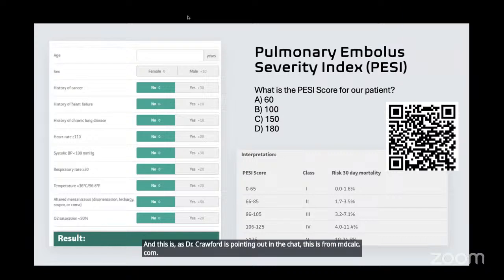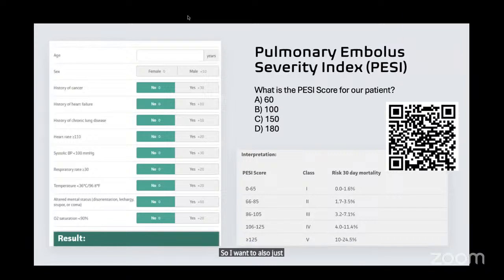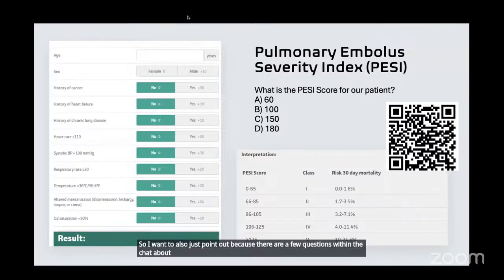I also want to point out, because there are a few questions within the chat about Wells scores and modified Wells scores and your clinical suspicion of DVT and PE, that the MDCalc link I put into the chat has all of these different calculators that you can use, not only for this discussion of PE and DVT, but also any type of calculation really within medicine.